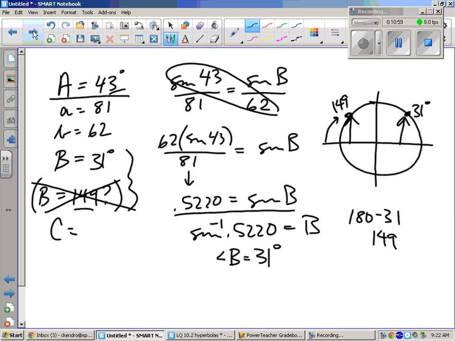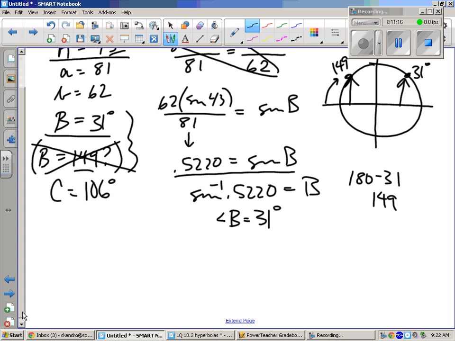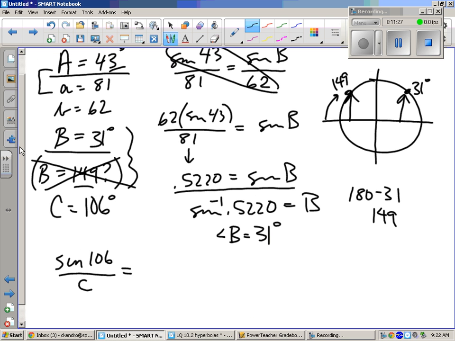All right, so angle C, I can use the first B that I found. So 43 and 31 is 74. Subtract that from 180, and I get 106. Now I can use the law of sines again to get little c. So sine of 106 over little c, and then I would use the two given, the a and the capital A, so sine of 43 over 81.